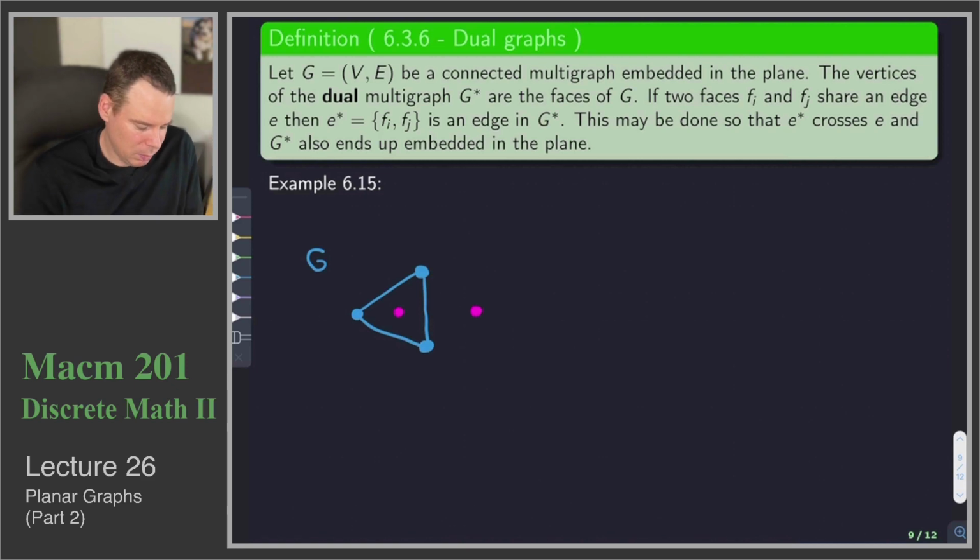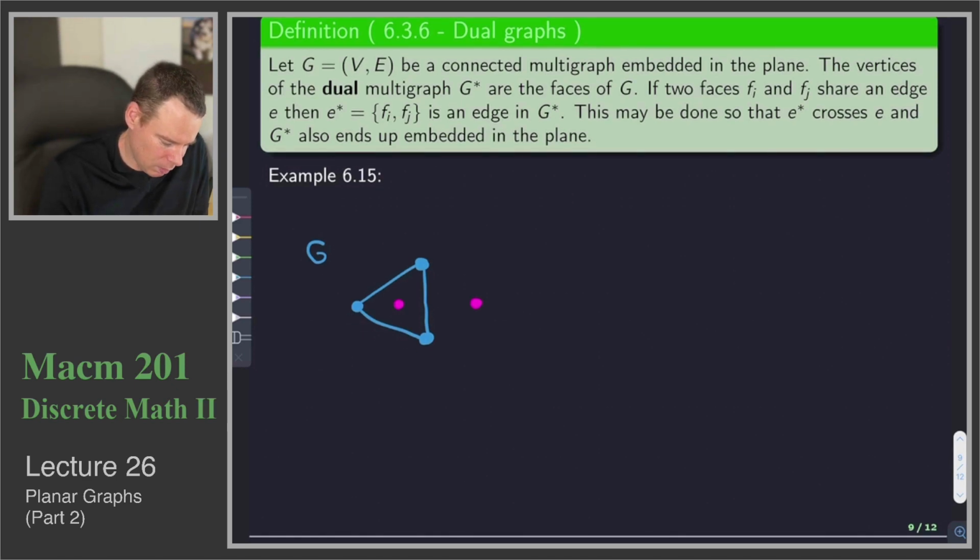What are the edges going to be? Well, I'm going to connect two vertices by an edge if there's an edge on the original graph separating the faces that those two vertices are on. And so if I look at these two vertices in pink, there's an edge that is separating the two faces they are on.